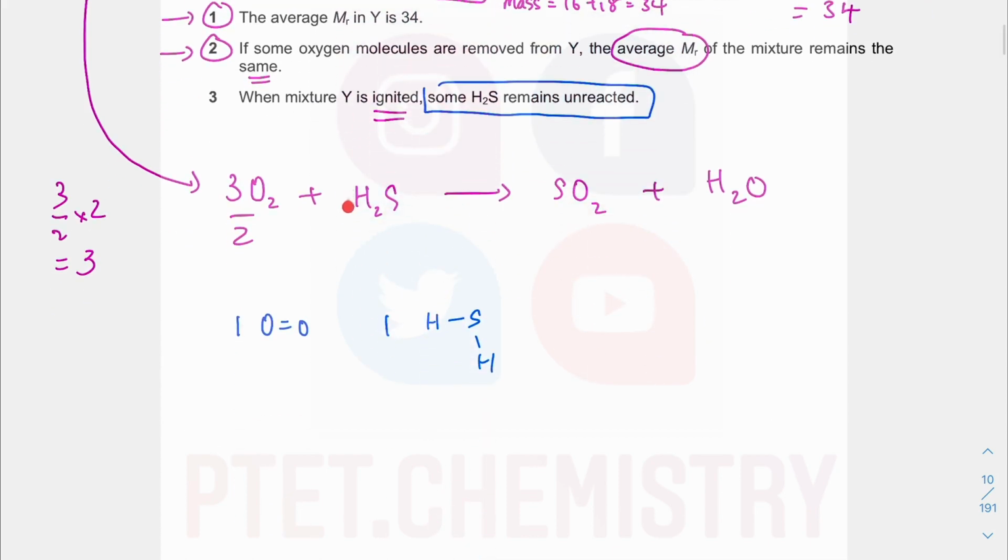So 1 mole of these requires 3 over 2, which is 1.5 moles of oxygen. So 1 of these needs 1.5 of oxygen, but you only have 1 because you have equal number in the mixture, right? So you only have 1 of these.